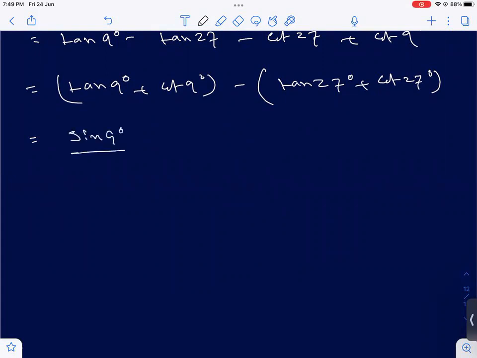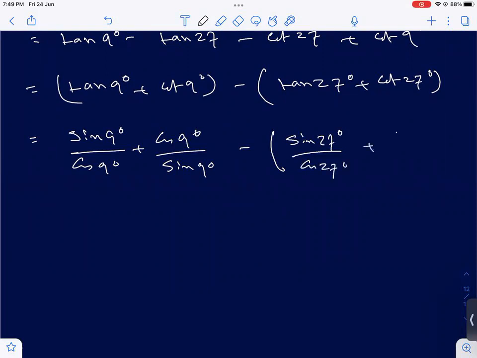I'm writing in detail: sin 9 degree by cos 9 degree plus cos 9 degree by sin 9 degree minus, similarly, sin 27 by cos 27 plus cos 27 by sin 27 degree.